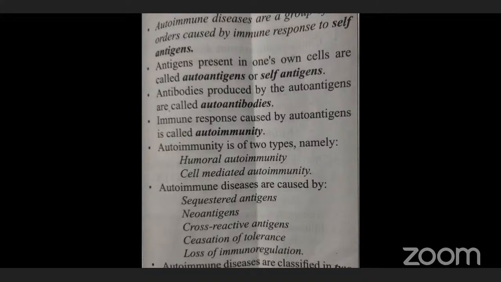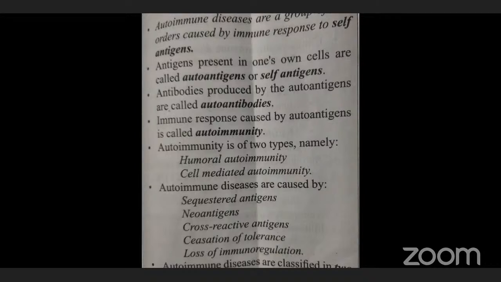In humoral autoimmunity, B cells are stimulated and autoantibodies are produced against the self antigens. These autoantibodies bring about tissue damage in two ways: one is antibody mediated immunity, and the other is immune complex mediated immunity.